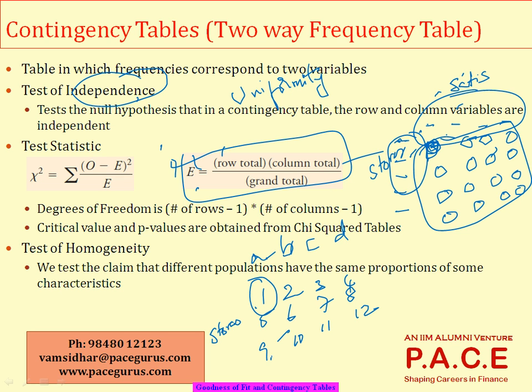Whereas how do I get the expected? I'll find this particular row total, 9 plus 5, 14 plus 1, 15. The corresponding column total, 10. And the grand total. Okay, what is the grand total? This is 10, 15, 20, 26, and here it is 42.